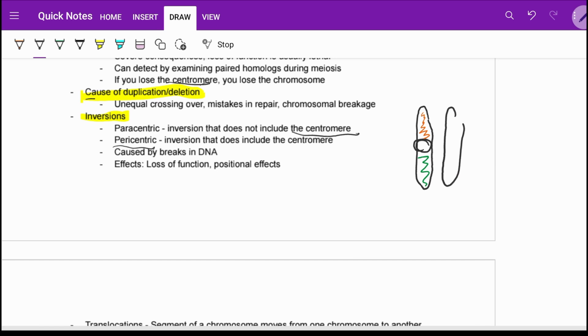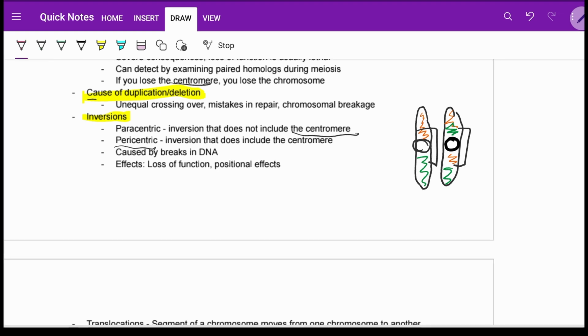Pericentric, so one around the centromere, if the centromere is here, we'd go orange, orange, green, green. So if you can see, this little segment just got caught out of this one and flipped, and it includes the centromere, so it would be pericentric.